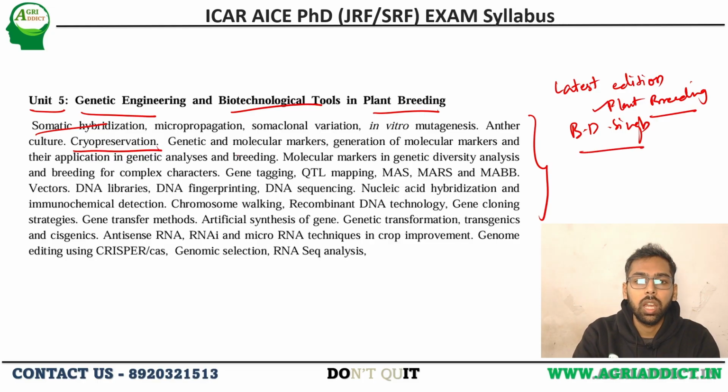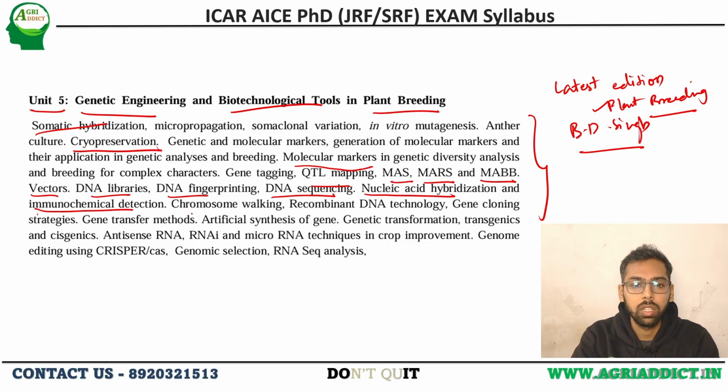And then regarding molecular markers, followed by QTL mapping, marker assisted selection, marker assisted recurrent selection, marker assisted backcross breeding programs, and what vectors are, how to develop DNA libraries, DNA fingerprinting, DNA sequencing techniques, nucleic acid hybridization and immunochemical detection, chromosome walking, and rDNA technology.